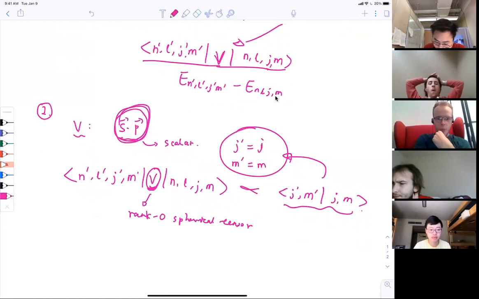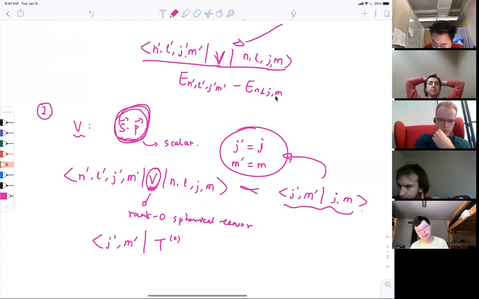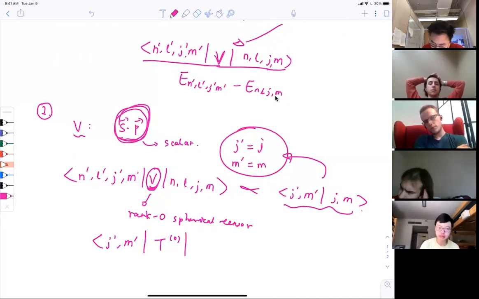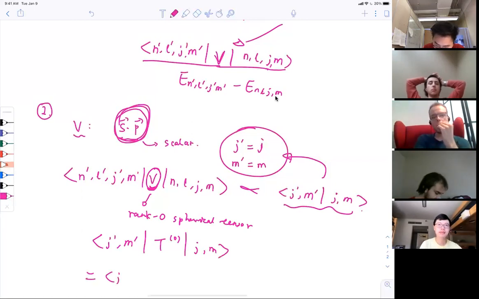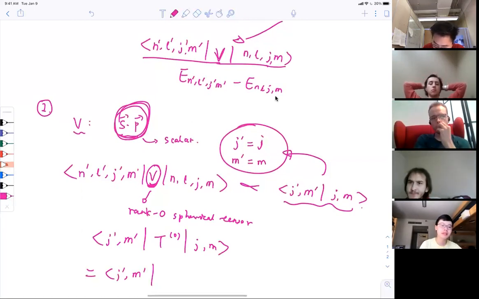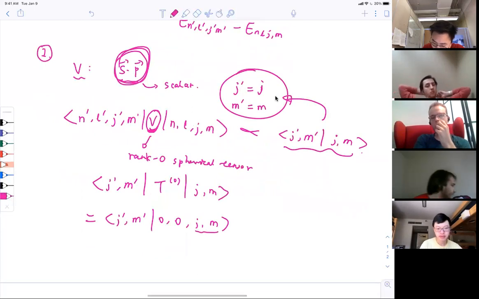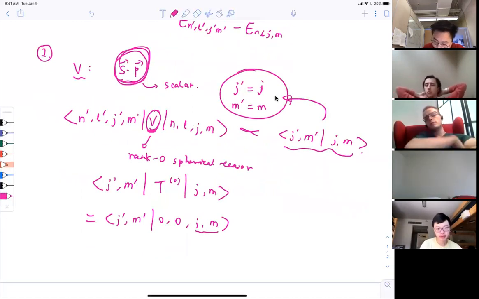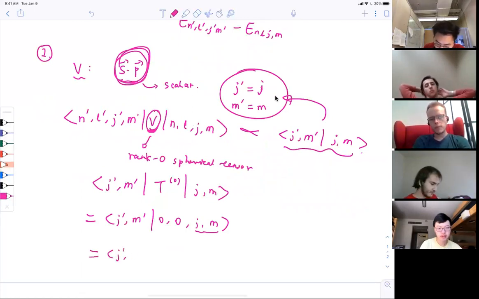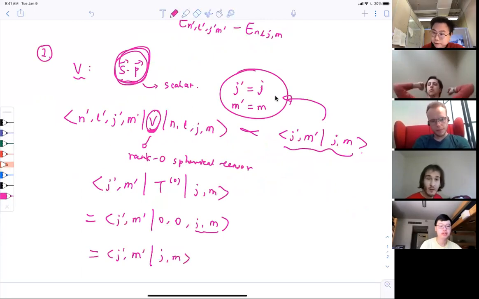And remember, according to the Wigner-Eckart theorem, this equals some J prime, M prime, and zero. In this case, it's 0, 0. So it's like I have a spin J object plus a spin 0 object. It's still a spin J object, right? Yeah, it's nothing fancy. It's just like this.